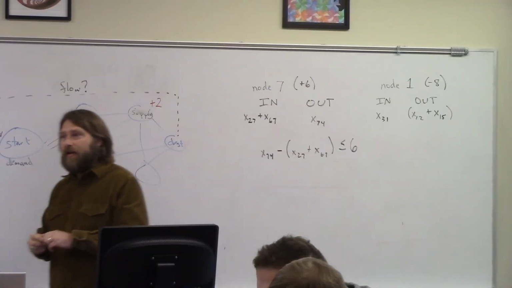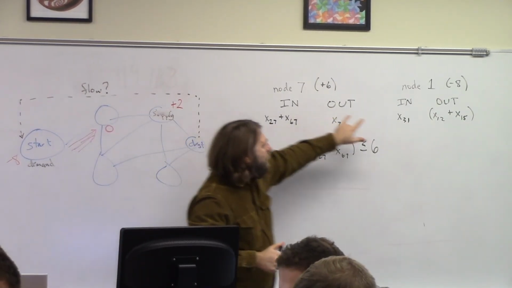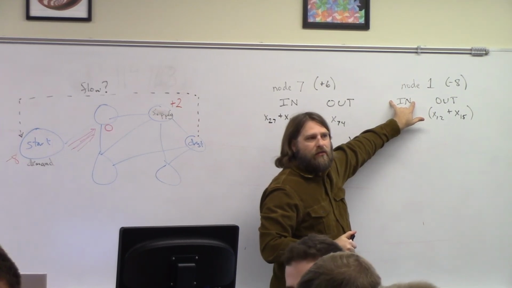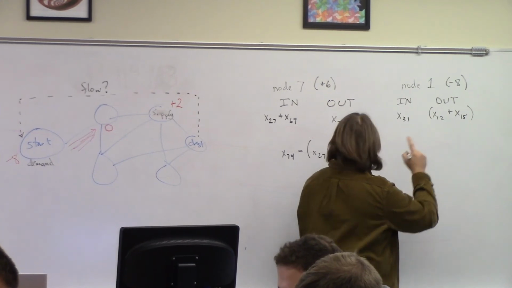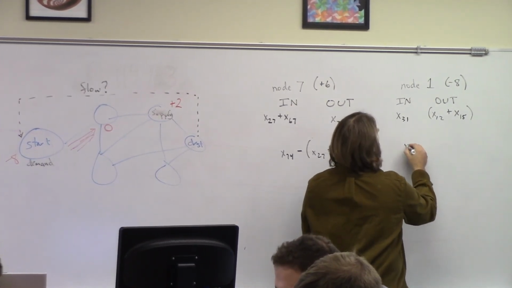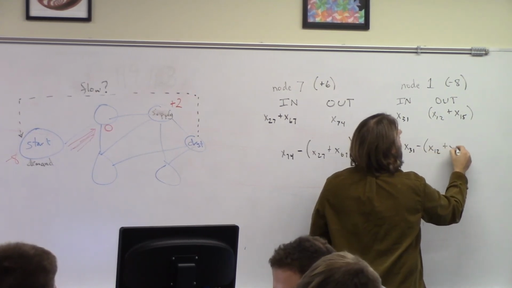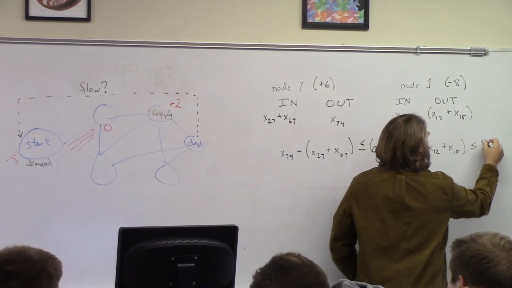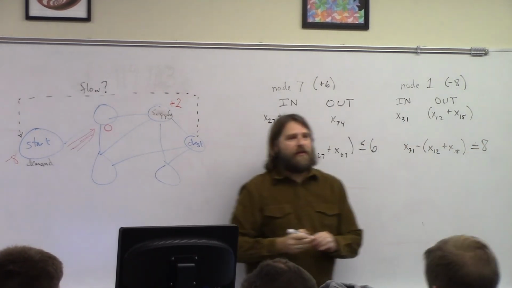Now the case here is not that we can send extra out. Here is that we need to have extra in, right? So if we do our in minus our out, that needs to be 8.